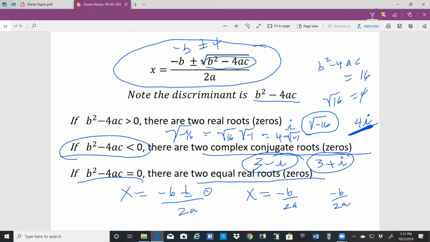And that means that this parabola just touches the x-axis, either that way or this way. So don't worry about complex roots.